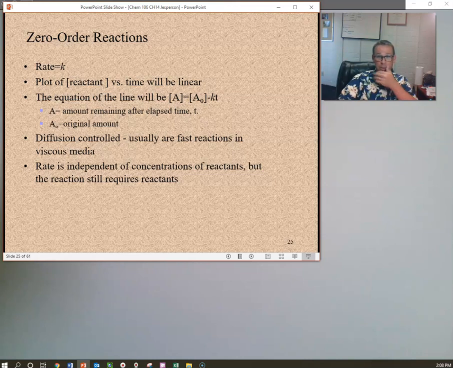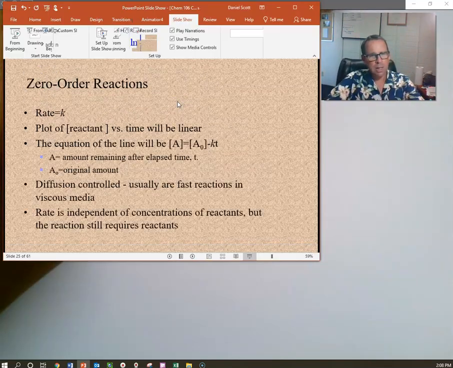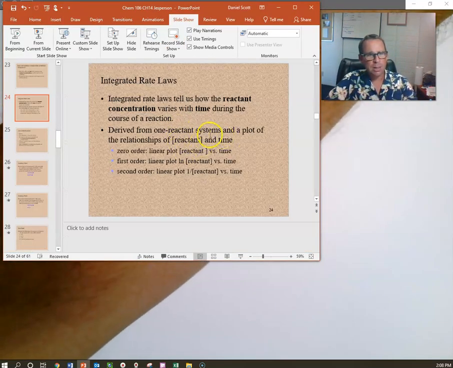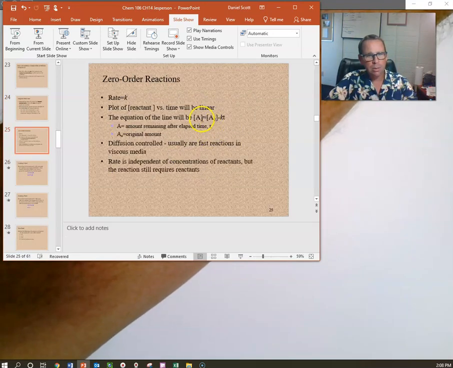Or at least to a degree they make sense to us. The zero order rate law here, you can see that if you take the concentration of A, that should have a T on it right there, the A with a little T there. The concentration of A at time T, let's actually put that T in there really quick.